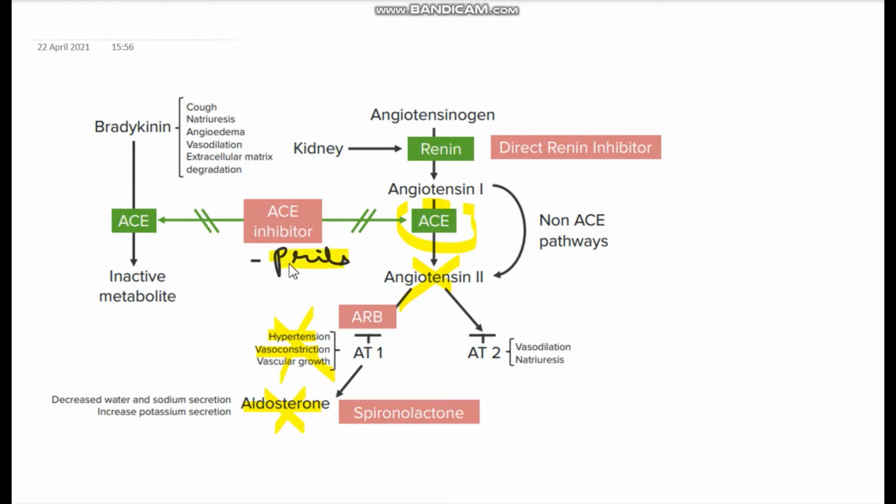So any prill comes here, it's an ACE inhibitor. Now, whenever it comes to ACE inhibitor, one specific side effect which should come to your mind is about the bradykinin. The bradykinin related side effects of cough, angioedema. Okay, cough and angioedema which comes into your mind because ACE was also responsible for breaking down bradykinin into its inactive metabolites.